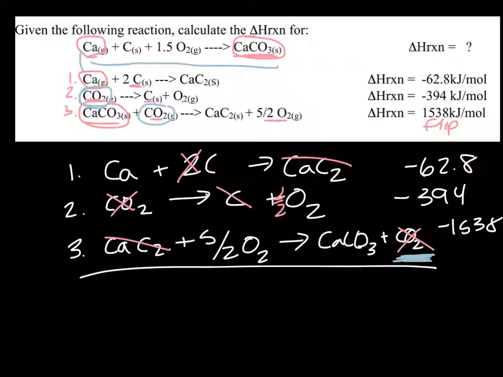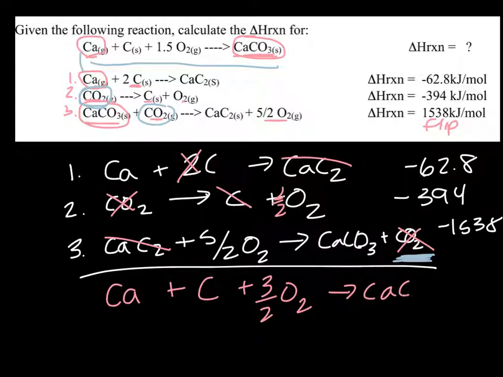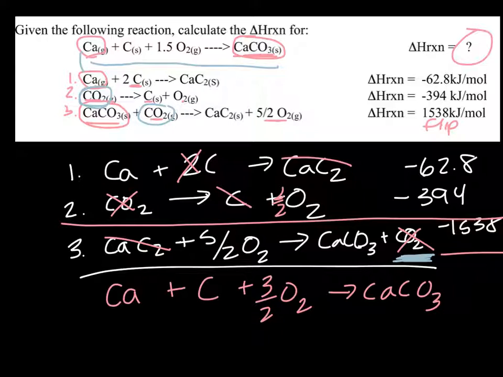So what we're left with is calcium, carbon, 3/2, which is the same as 1.5, and calcium carbonate. And then all I'd have to do is add up these values here to figure out the enthalpy of the reaction. So if there's a problem where you don't have anything unique in it, look to your other steps to figure out what you need to do to cancel out a reactant or product.